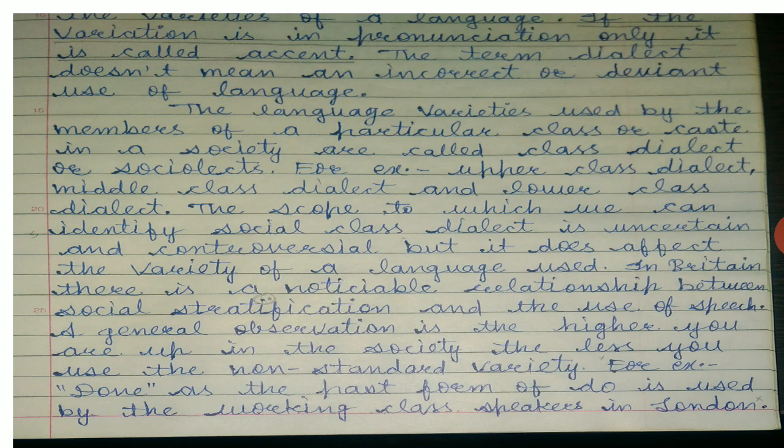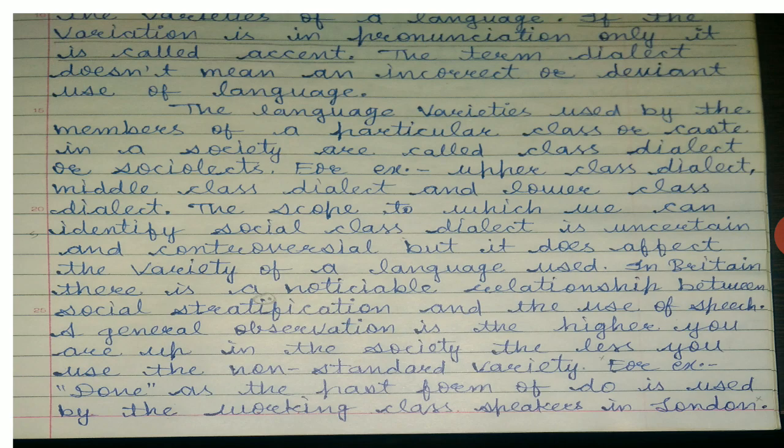For example, in Britain, there is a noticeable relationship between social stratification, meaning layers, stages, class here, and the use of speech. A general observation is the higher you are up in the society, the less you use the non-standard variety.